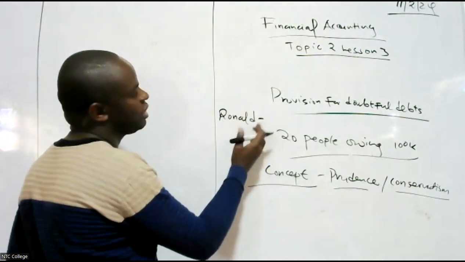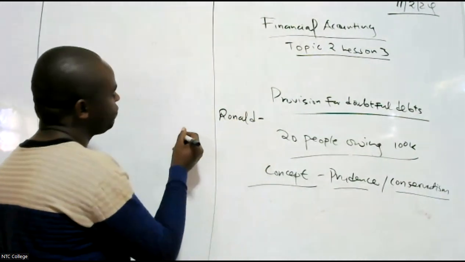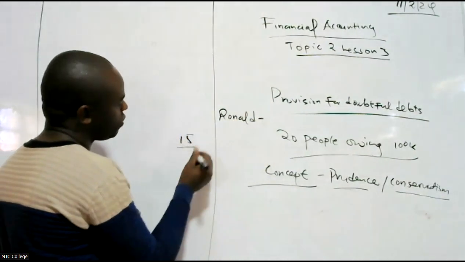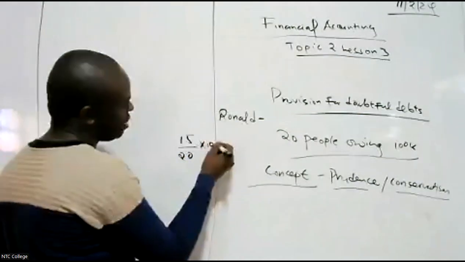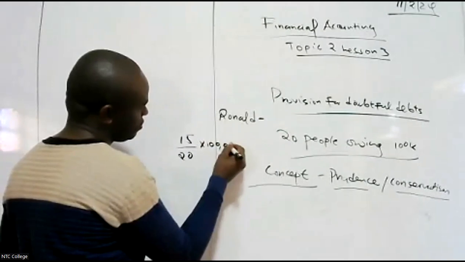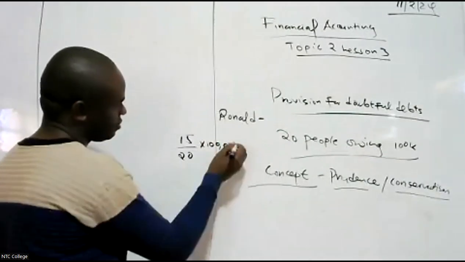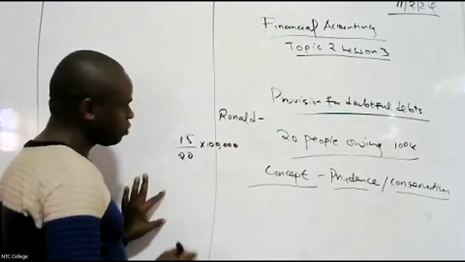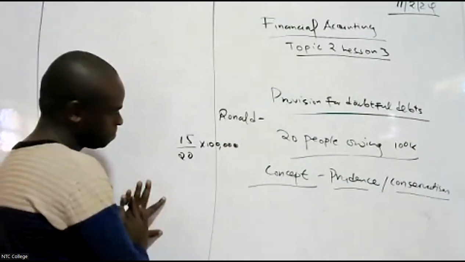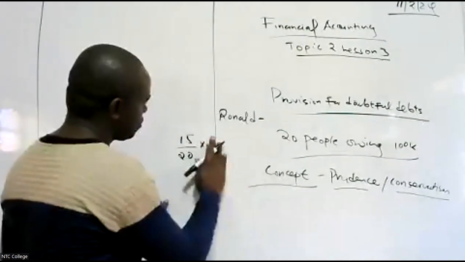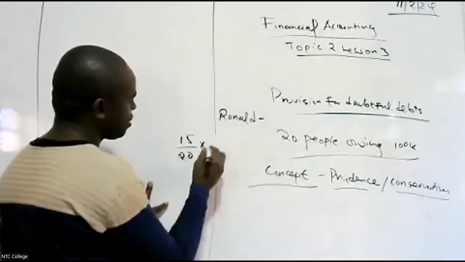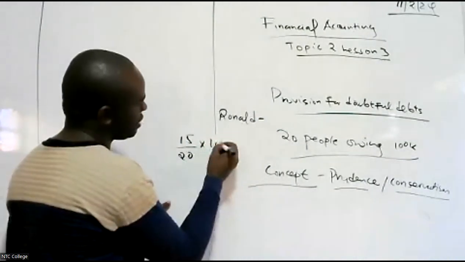So now, to get the provision, you take 15 out of 20 times 100K. What is the percentage here? 15 out of 20 times 100.